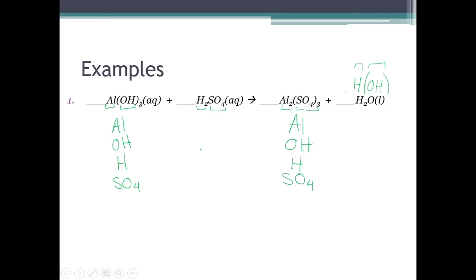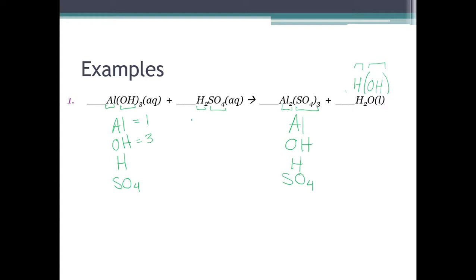Once we know what we are balancing, we need to figure out how many of each thing we currently have. So this is where we're going to practice counting atoms, counting ions. Currently, these blanks are empty, which means we can assume the coefficient is 1. So here in Al(OH)3, we have 1 aluminum and 3 hydroxides.